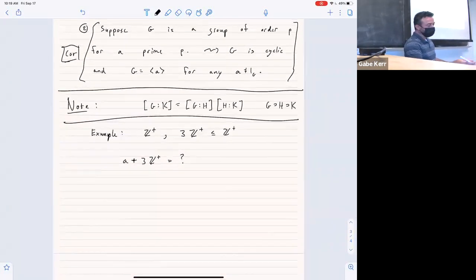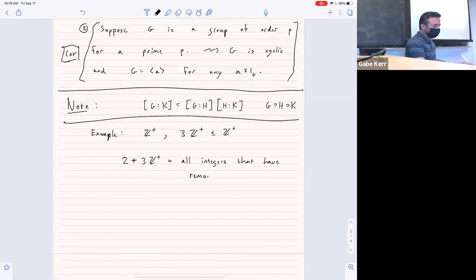So, okay. Instead of giving you a, let me give you something more concrete, like 2. So if I have a number in here, I'm going to write down what this is. These are all integers that have remainder 2 when divided by 3. Let's just take an example.